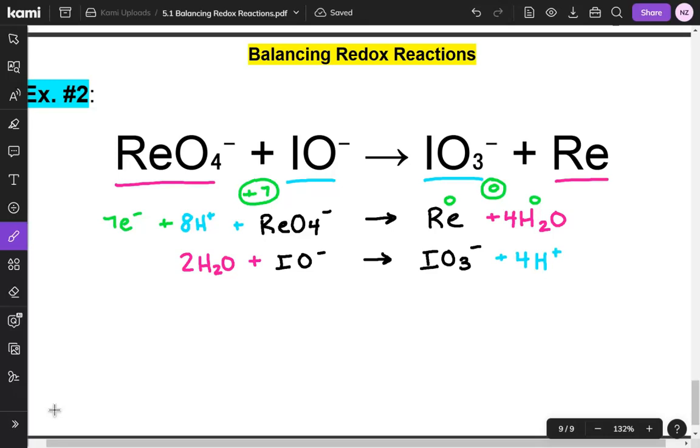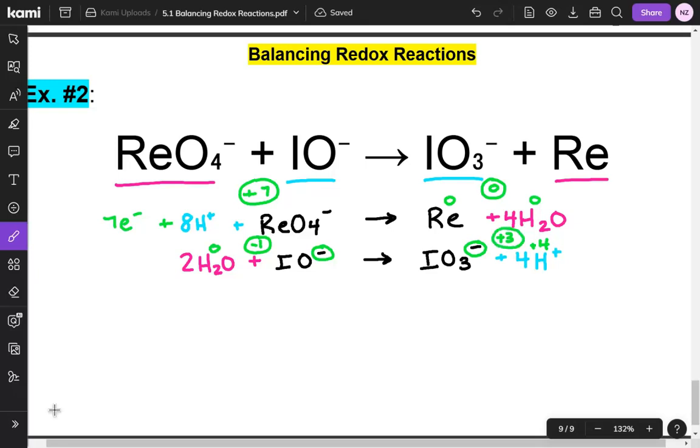In my second half reaction, this is 0. This is negative 1. So the total charge is negative 1. On the right side, 4 times positive 1 is positive 4. This is minus 1. So the total charge will be positive 3.